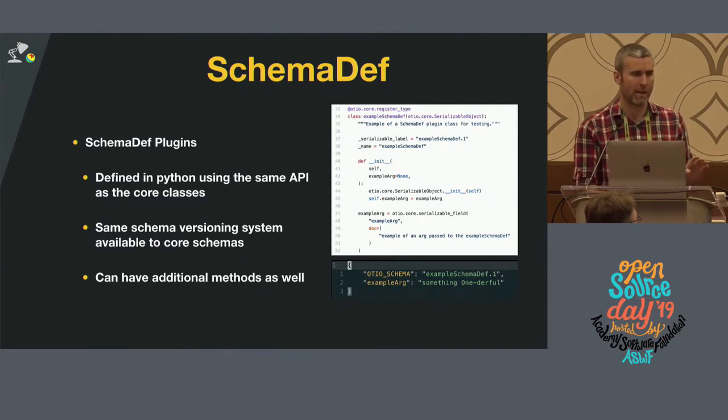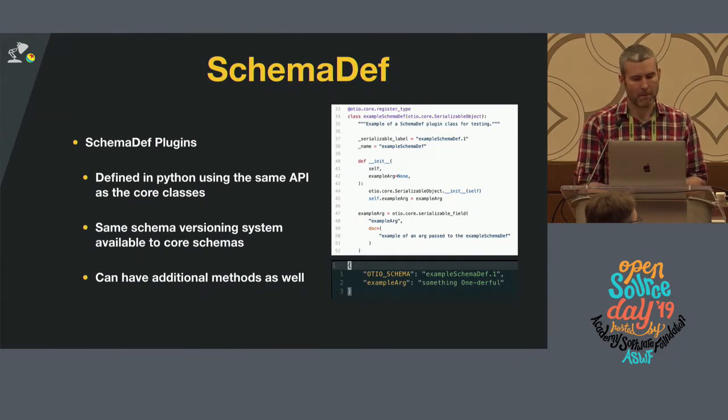So it's an exact peer of the built-in classes, with the special exception that if you don't have the plugin loaded, OTIO will still round trip the data, but instead of giving you a concrete type in memory, it gives you an unknown schema object. And if you know what you're looking for, you can still access the data dictionary that's on there.